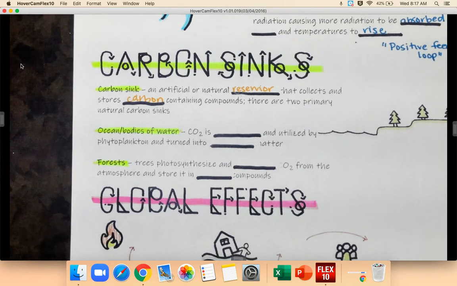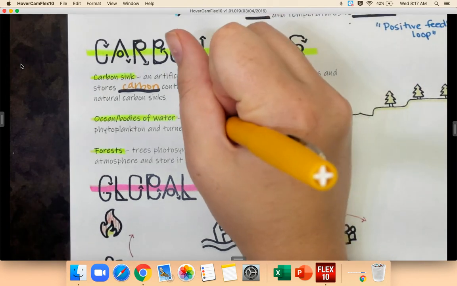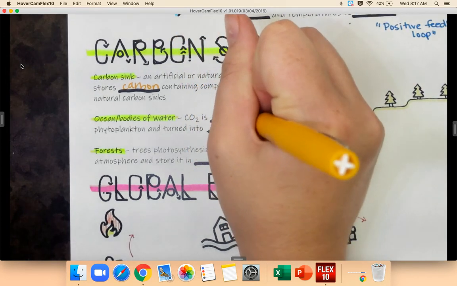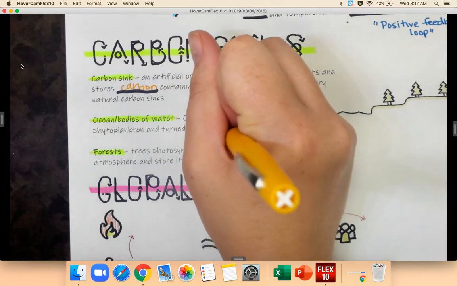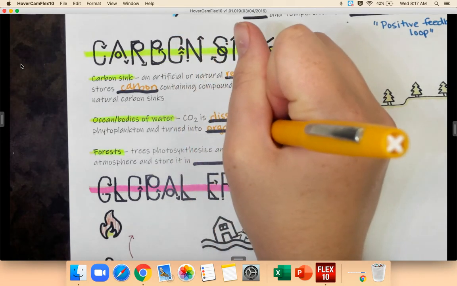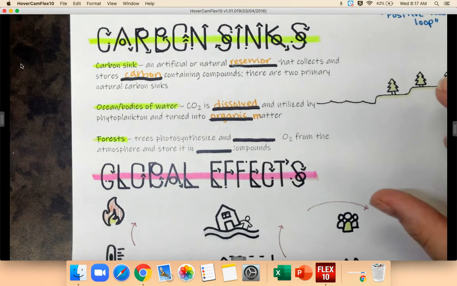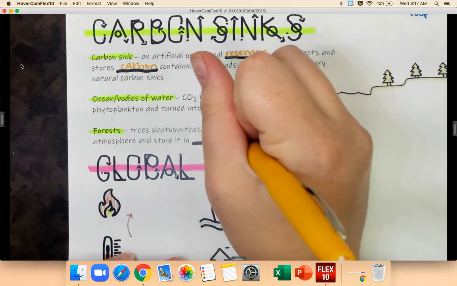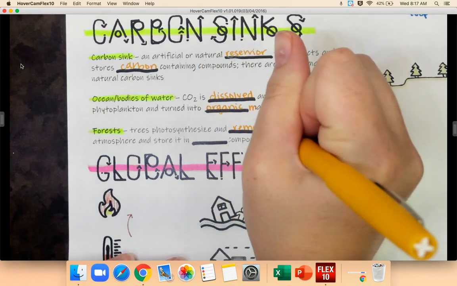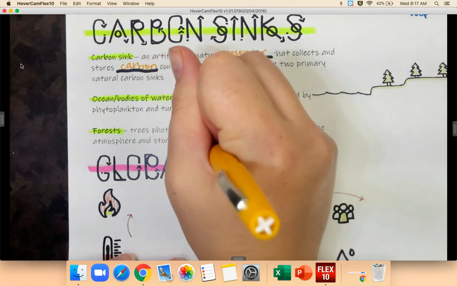The first one is oceans or bodies of water, where CO2 is dissolved and utilized by phytoplankton and turned into organic matter. The second natural carbon sink is a forest, where trees photosynthesize and remove CO2 from the atmosphere and store it in sugar compounds.